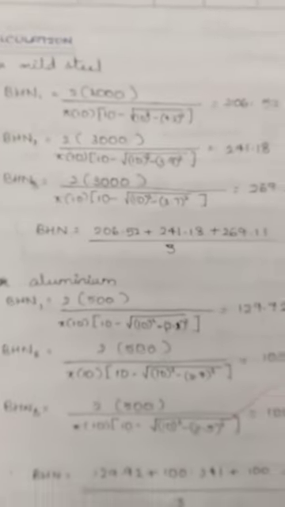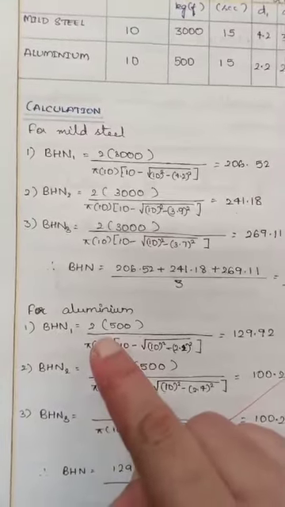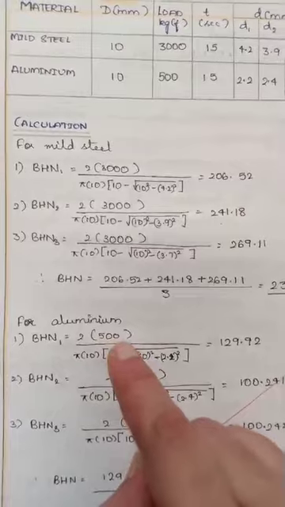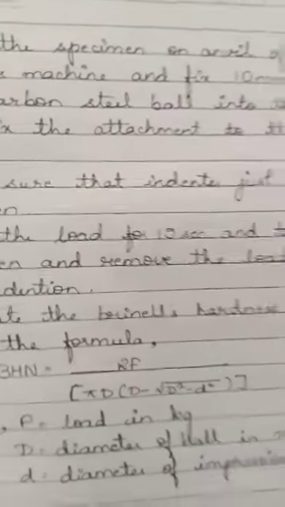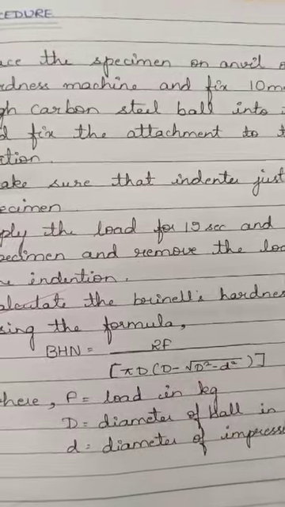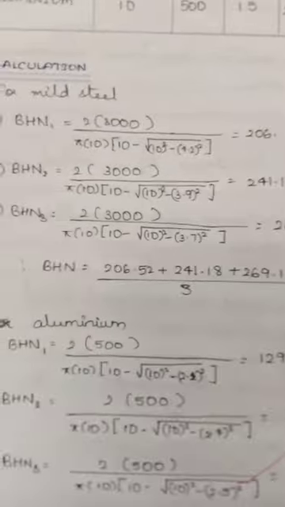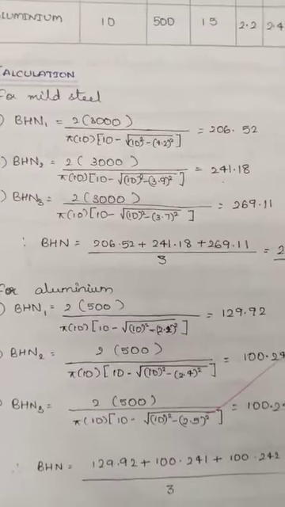After that, we get the BHN value using the formula. BHN is equal to 2F divided by pi D times D minus the square root of D squared minus d squared. According to that, you substitute the corresponding values.